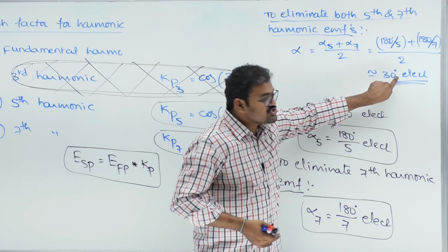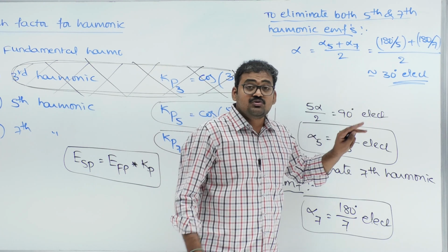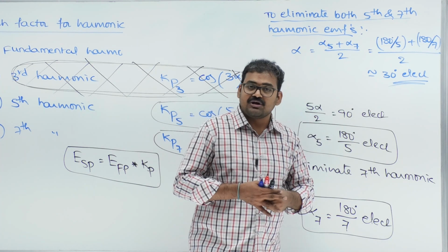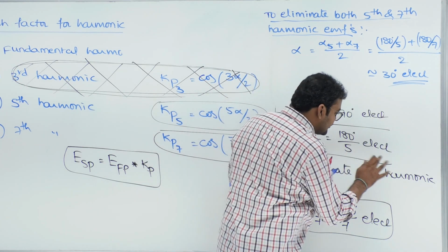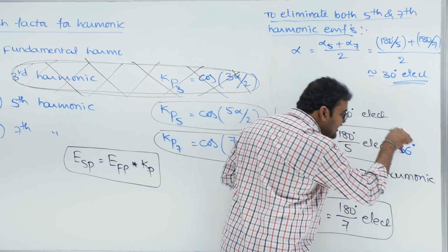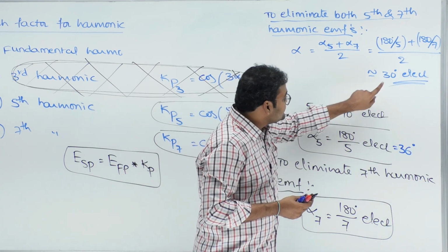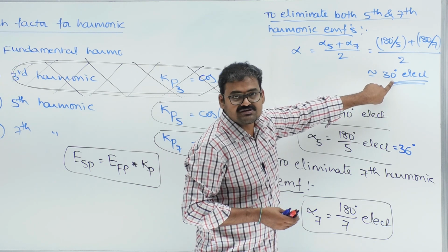If you use this much short pitch angle, fifth harmonic will be almost made 0. You can't make it exactly 0, because if you wanted to make fifth harmonic exactly 0, you must use 180 by 5, which is exactly 36 degrees. But am I using exactly 36 or almost 36? Almost 36.